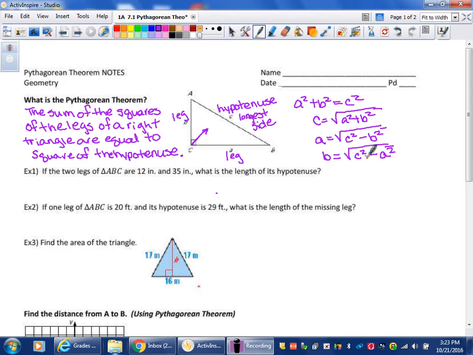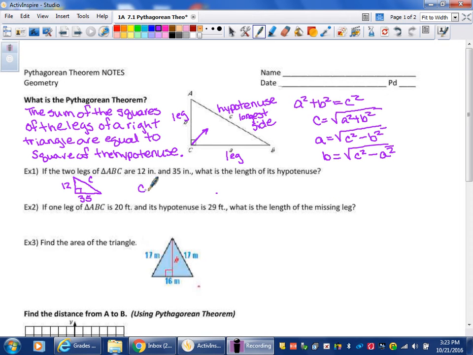Okay? So let's look at example 1 here. If two legs of triangle ABC are 12 and 35, okay? Legs means not the hypotenuse. Okay? 12 and 35. What's the length of its hypotenuse? So simply they want c.